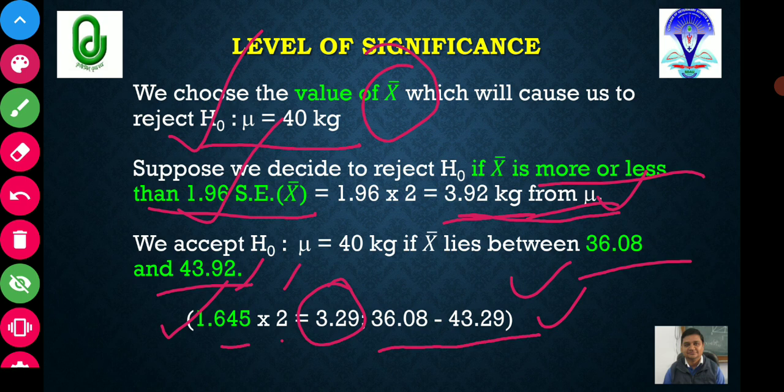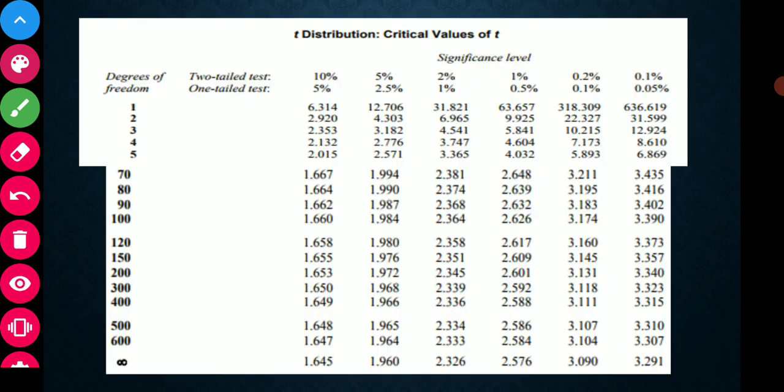Now, how are 1.96 and 1.645 coming? This is the table. This is the T distribution table, that is the normal distribution table. Here you can see one side is degree of freedom.